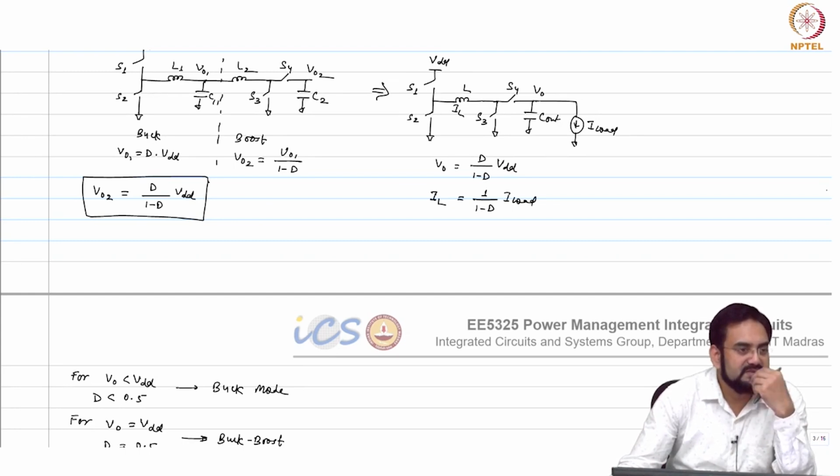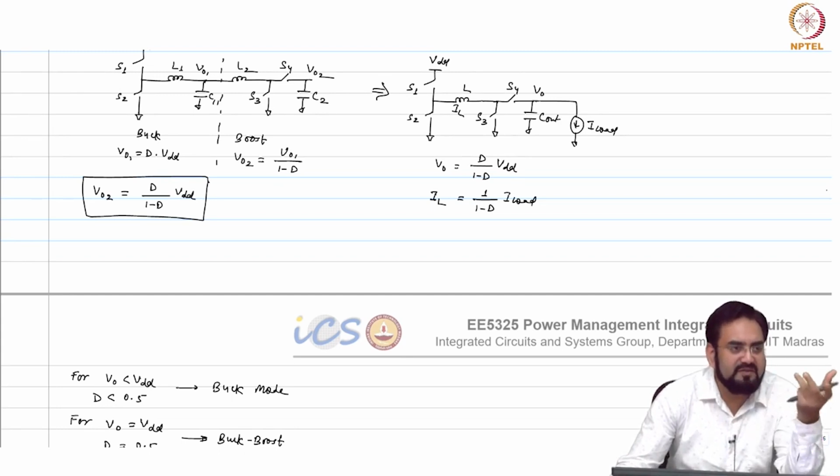Saturation means, what do you mean by saturation? The minimum time. Okay, let's say I don't have even that. You are allowed to make D equal to 1. Can I regulate my output to VDD? You cannot. That is the ideal condition. What about the IR loss? V out equal to D times V in minus V loss.